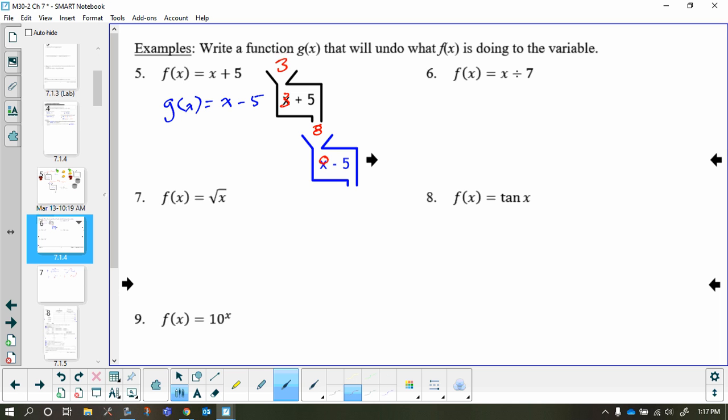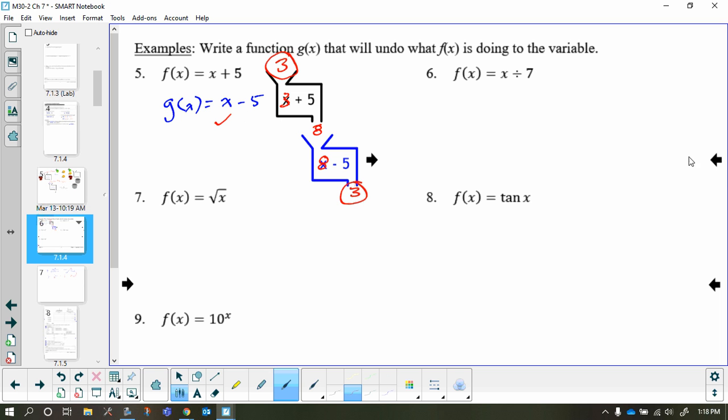Well, that 8 replaces this x. 8 minus 5 gives me 3, and so my output for the inverse function is the same as my input from the original function. So that's a good check that yes, I found the function that will undo what f of x was doing. I found the inverse.